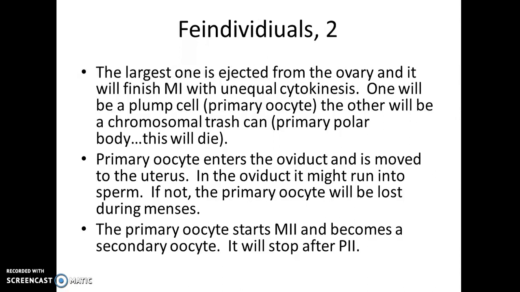The primary oocyte enters the oviduct and is moved towards the uterus, and it will start meiosis 2, and it will stop after prophase 2. Okay, so it starts meiosis 2, so it's a secondary oocyte, and it'll stop after prophase 2. And if you're not fertilized, this secondary oocyte will be lost in menses.